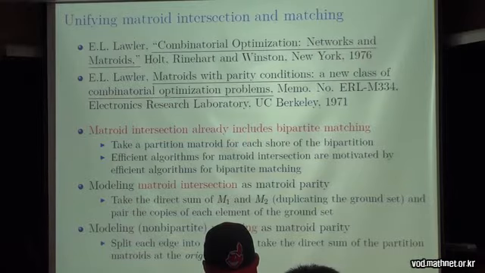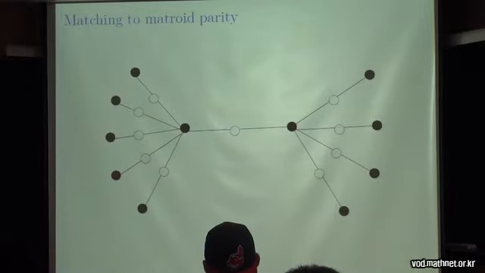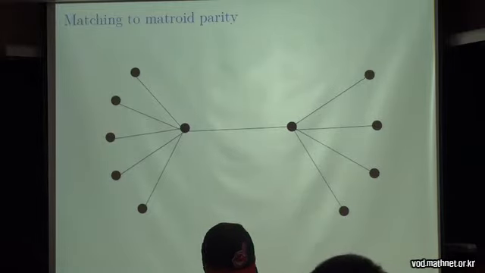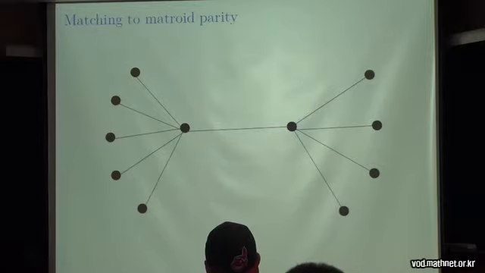There's also, you can model matching as matroid parity. Now I said bipartite matching is an example of matroid intersection, but there's also matching in non-bipartite graphs. That's a more complicated matter, and that's not modeled by matroid intersection, but it is modeled by matroid parity. So this happens to be a bipartite graph, but it's just illustrative of the modeling technique.